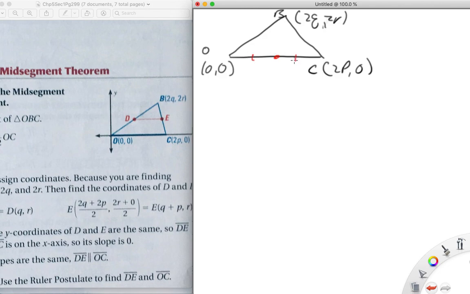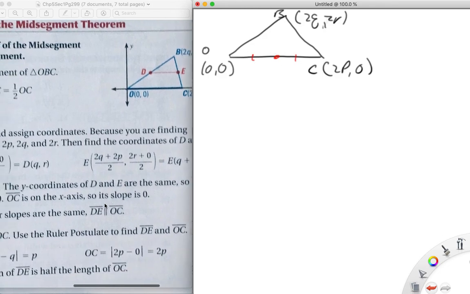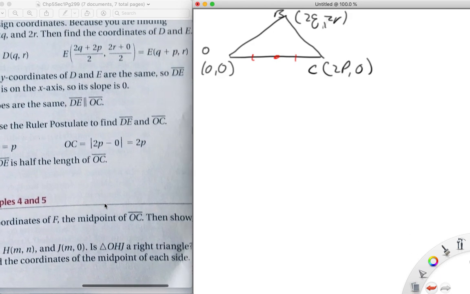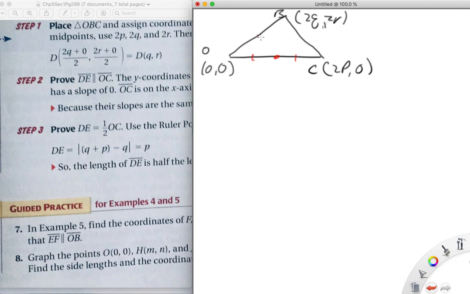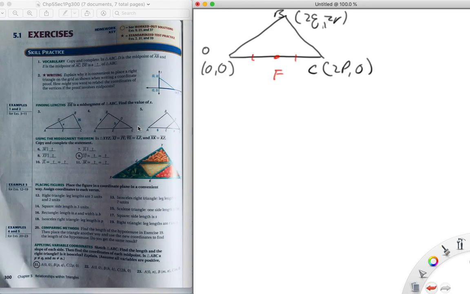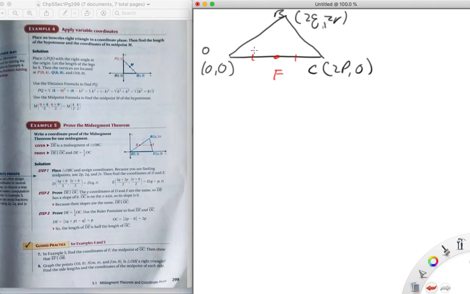Now they're saying F is the midpoint, and they want to show that these two lines are parallel. So we have F over here, and then we still have this guy at D. So this is D, and we proved that D is q, r from earlier. No sense in going through that again.